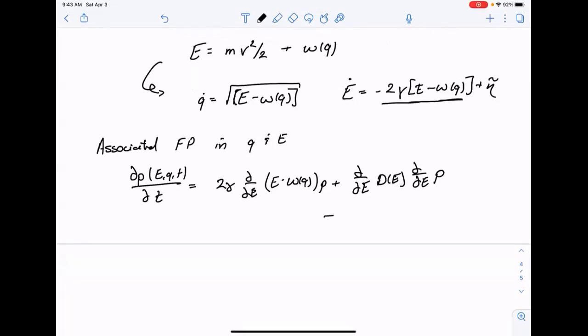And I have a deterministic drift in Q dot, like so. There's no noise in the Q dot direction. All the noise is in the energy term.